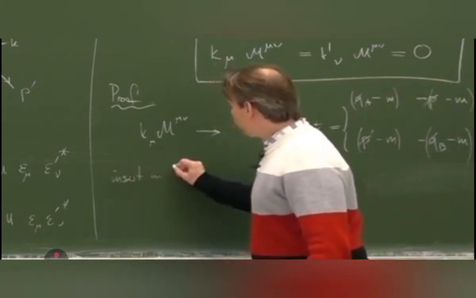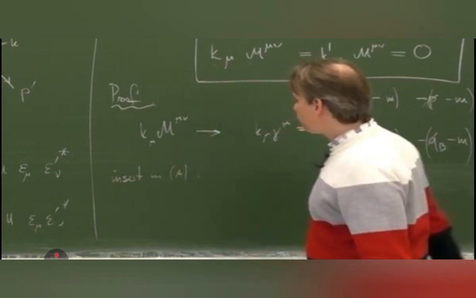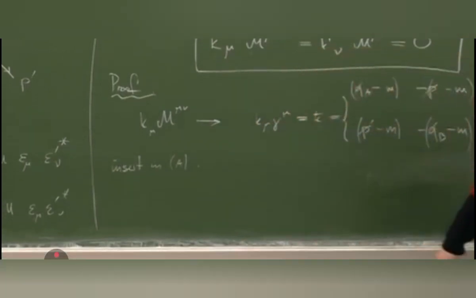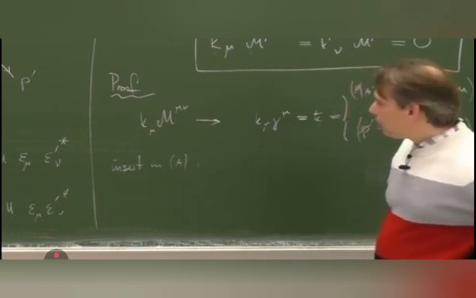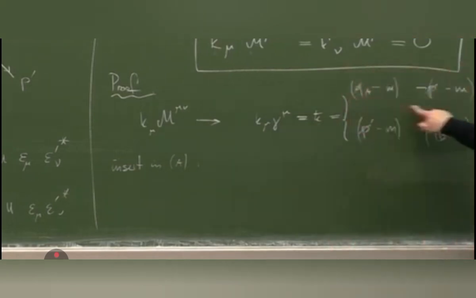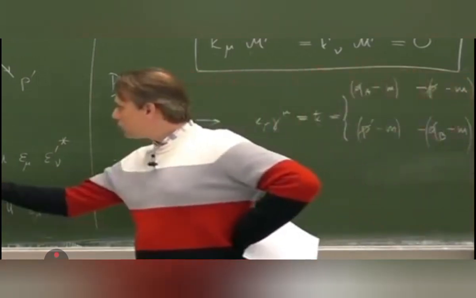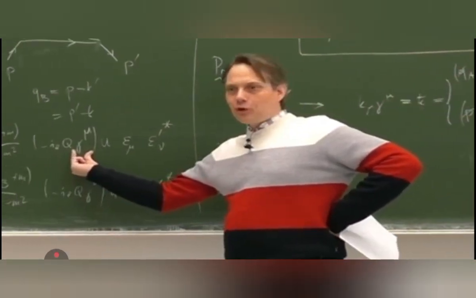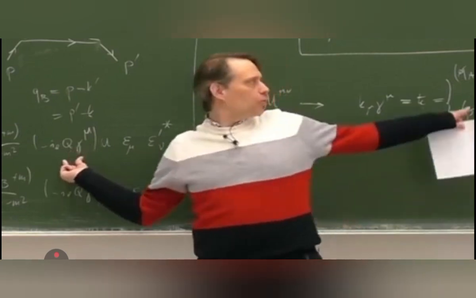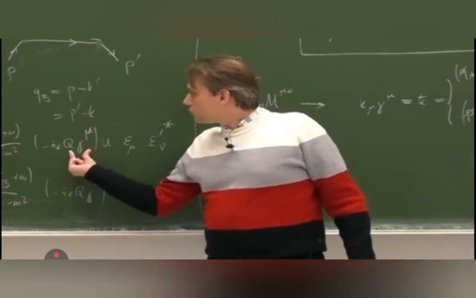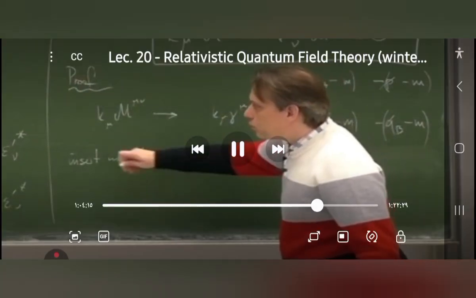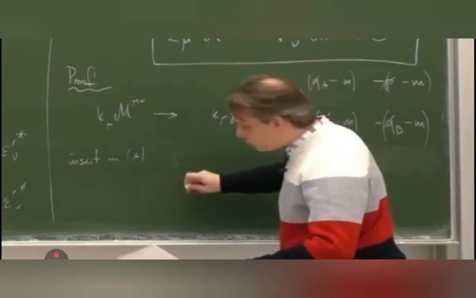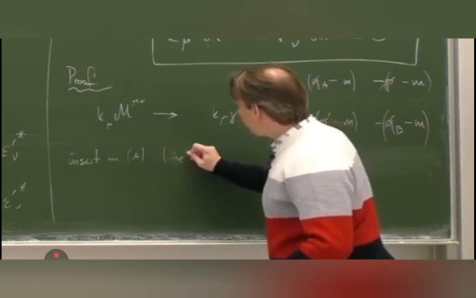Insert in diagram A. So what happens if we insert exactly this idea into diagram A? We insert this expression as k_mu at this point, so now at this point there stands this combination. Maybe I should write it down. What are all the prefactors? They boil down to minus ieq.